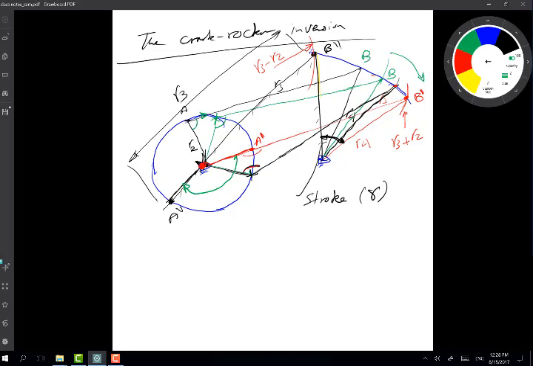And then the crank rotates from A double prime to A prime to take the rocker back from B double prime to B prime. So now that's an interesting concept, because I'll call this angle phi, right? So the crank rotates by an angle phi. Just take some notes here.